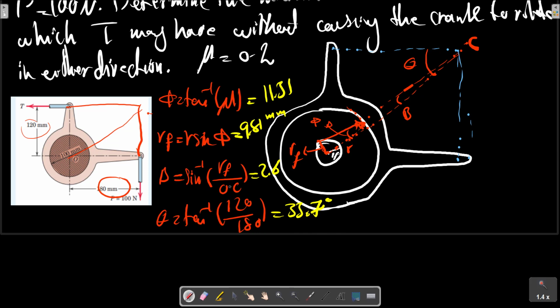With this calculation we can provide the free body diagrams.